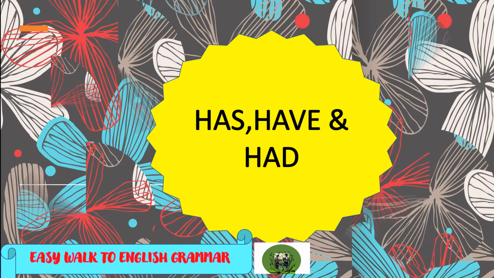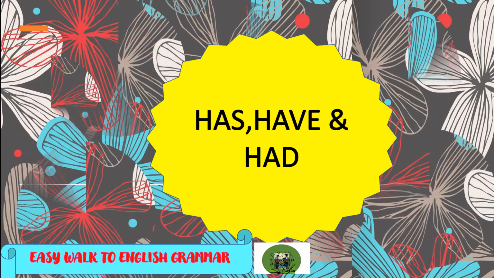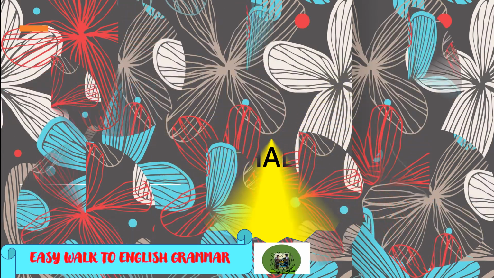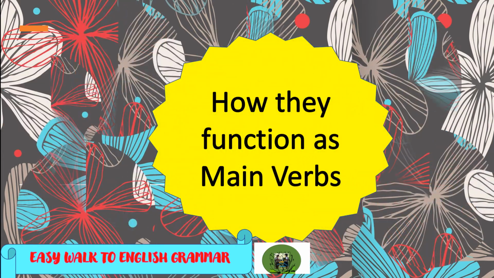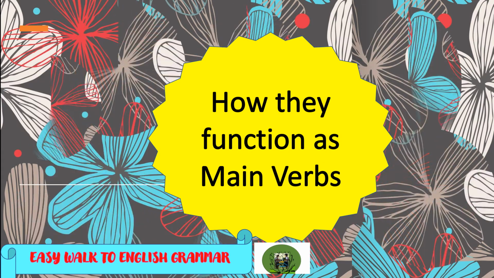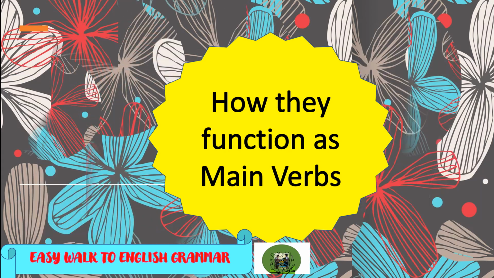And what we are going to deal with has, have, and had mainly today is how they function as main verbs. That is the topic of this video. Means we are not going to deal with the auxiliary forms of have in this video.